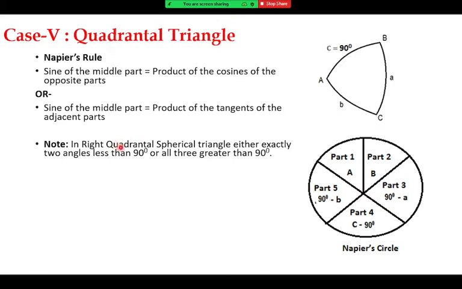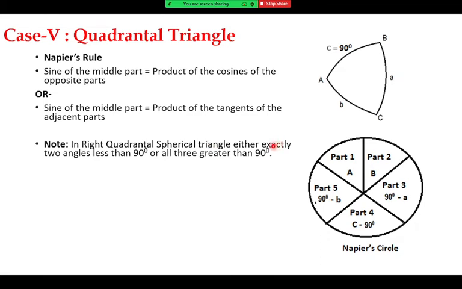When we say exactly two angles are of 90 degree or three greater than 90 degree, no, no, I'm again mistaken. Right quadrantal means only quadrantal, it is related to the quadrantal. Okay, my mistake. So this is a quadrantal triangle which has one side as 90 degree.